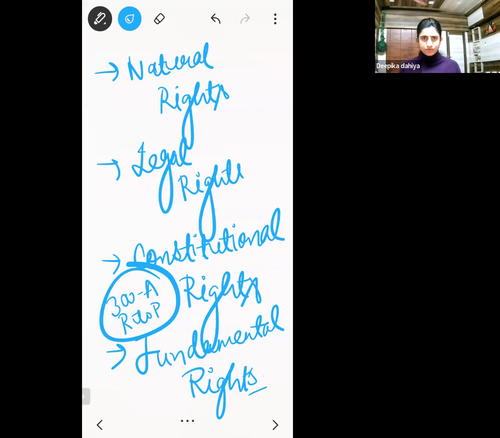Some articles give you just the definitions of what, let's say, state is, but overall this chapter covers Article 13 to 35. So anything mentioned in this chapter is a fundamental right. Now all those fundamental rights are constitutional because Chapter 3 is within the Constitution.